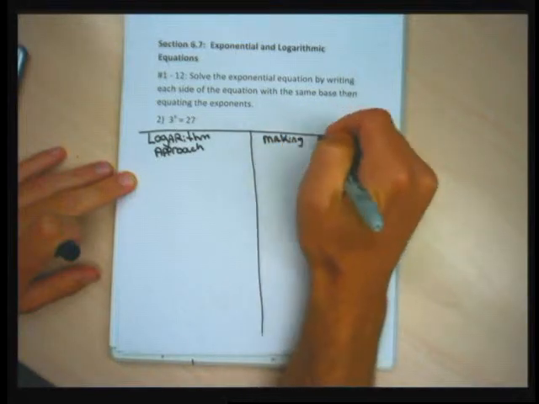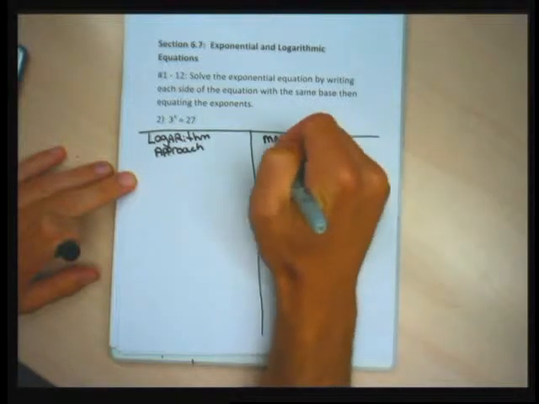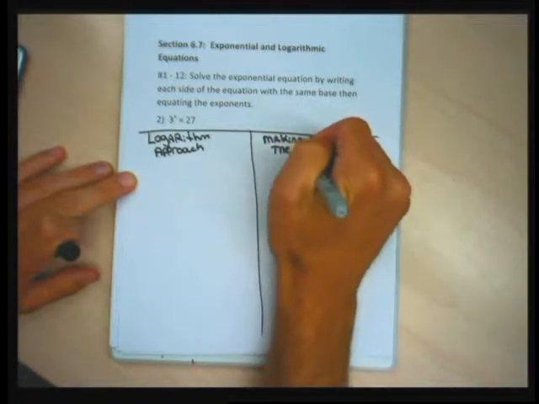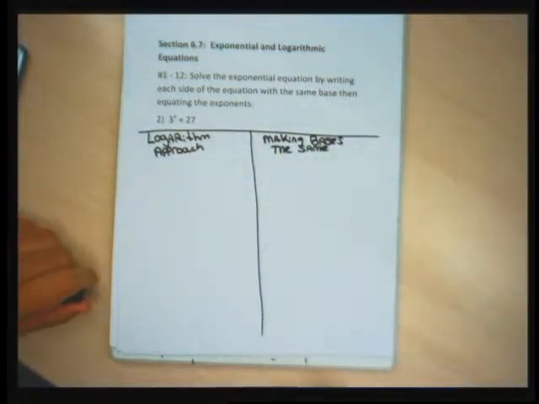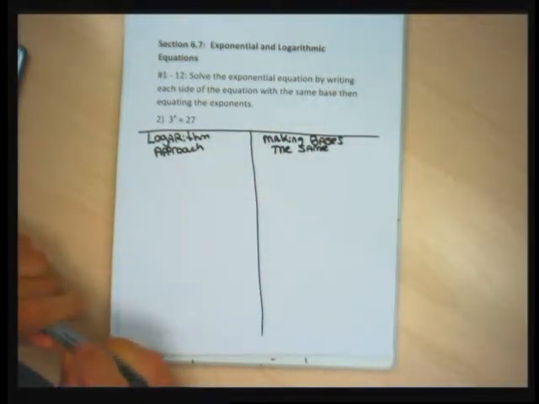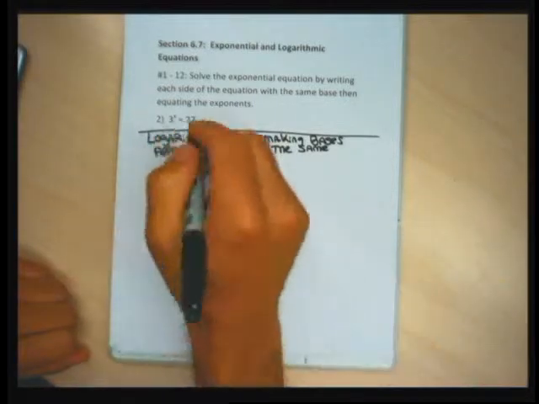The other approach I'm going to do is making the bases the same. For problem 2, you might be able to just write the answer down without doing any algebra because you know that 3 to the 3rd power is 27. But for what it's worth, I'll do both approaches here.